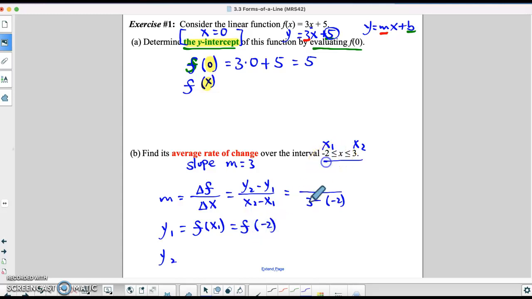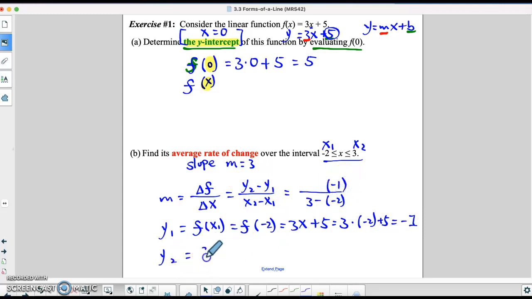We just use the equation to do the evaluation: 3 times -2 plus 5. So 3 times -2 gives you -6, plus 5 will give you -1. So this is our y1. I'm going to put it here, -1.